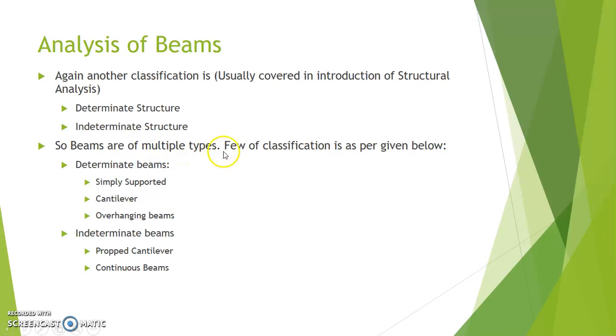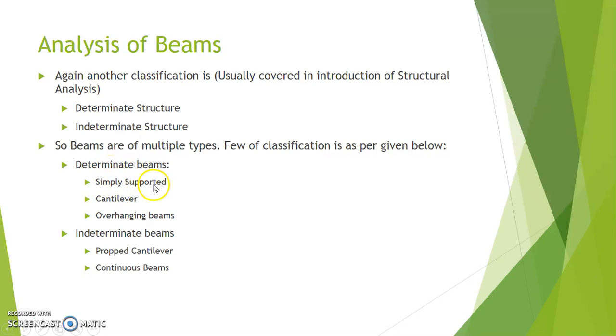Now, as I have already told you, you should know determinate and indeterminate structures in order to analyze the beam. So let us first classify the beams, or let us check out the major types of beam based on determinate and indeterminate structural members. Simply supported beam, that is a determinate structure.